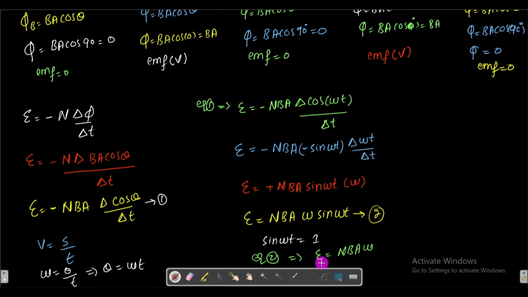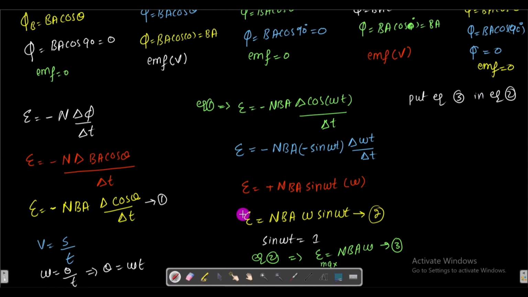So this is actually the E maximum. This is equation 3. Now put equation 3 in equation 2.